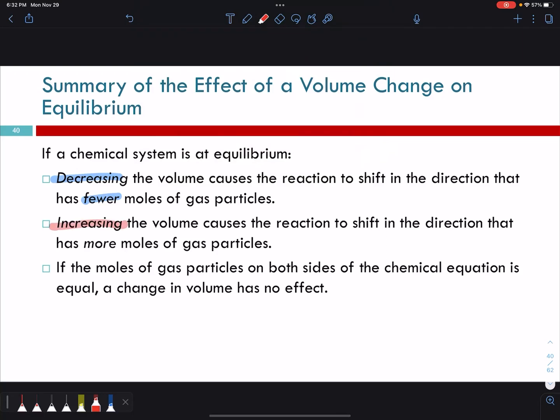If we increase the volume, then we're going to shift in the direction that has more gas particles. And if the moles of gas particles on both sides of the chemical equation are equal, it will have no effect, because by shifting to one side or the other, the reaction is not going to change the amount of pressure.